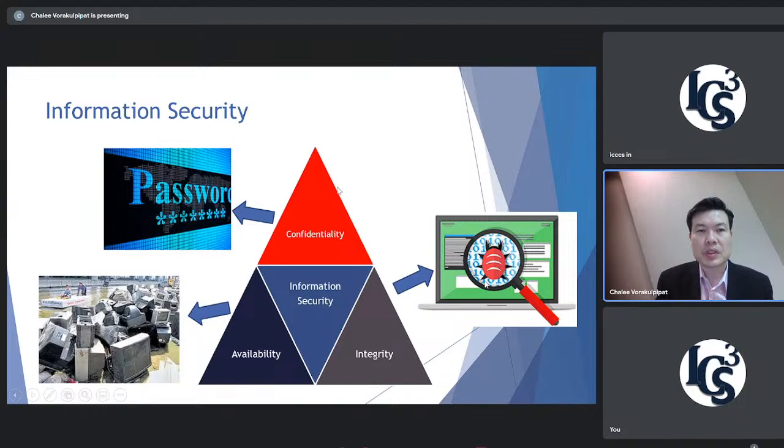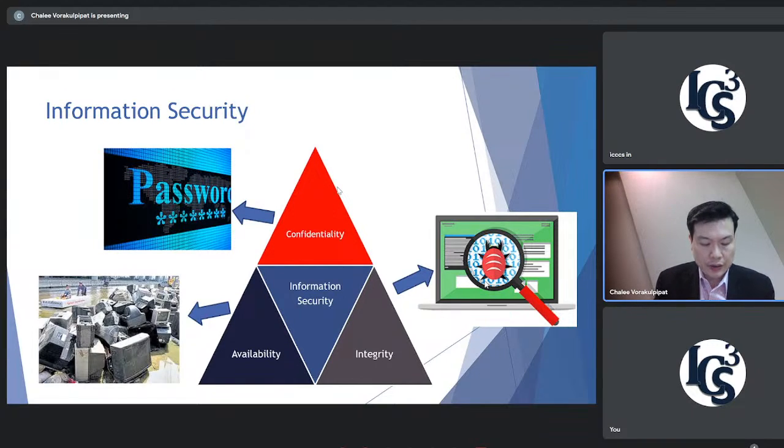confidentiality. Confidentiality in information system is we have to protect the data from unauthorized person to see it. For example, this information or data is secret or confidential. So we must not share this data with others or share with anyone who doesn't have permission.